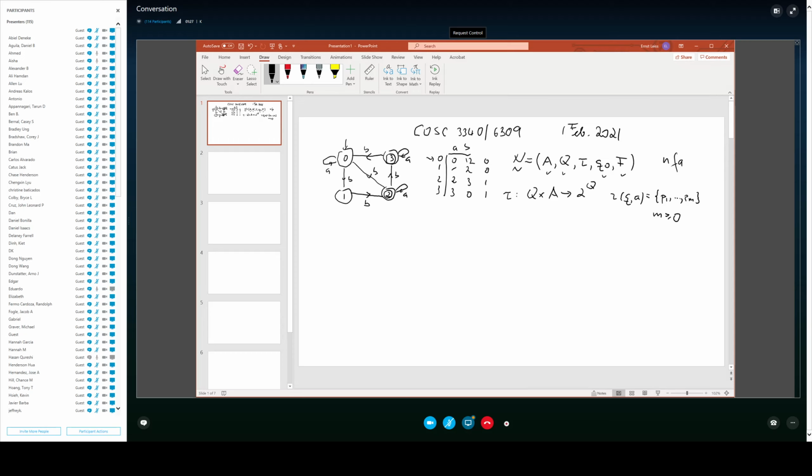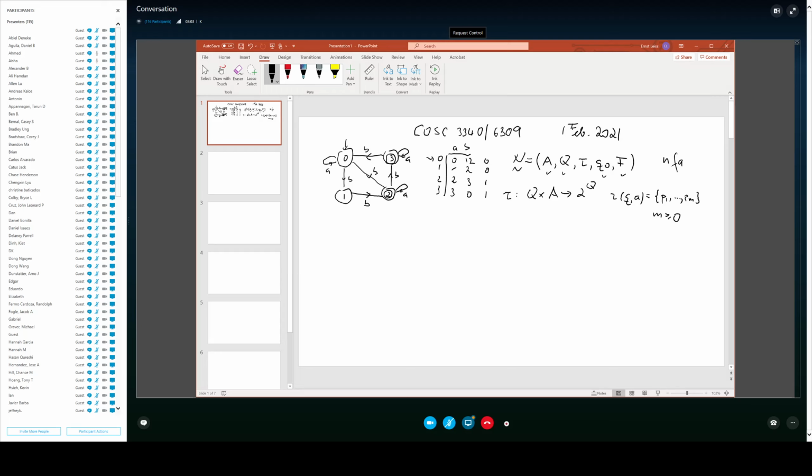And so if we go back to the example we had last time, that's why I wrote it down, just to remind you, this is exactly the same non-deterministic finite automaton that we had last week on Wednesday. So if you look at this, from the initial state 0, under A, you go back to 0.